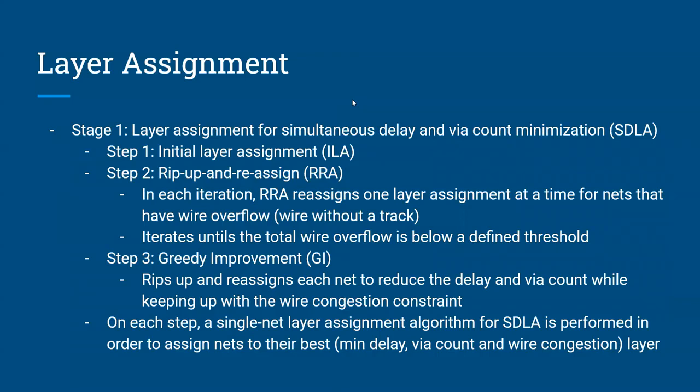So stage 1 is short for SDLA. In the layer assignment for SDLA, step 1 is the initial layer assignment. Step 2, they call it rip up and reassign. In each iteration, RA reassigns the layer assignment of one net at a time for nets that have wire overflow, so the wires without a track. And then it iterates until the total wire overflow is below a defined threshold.